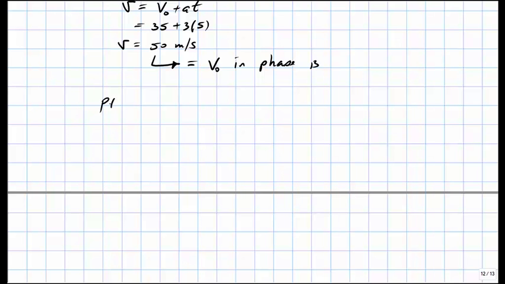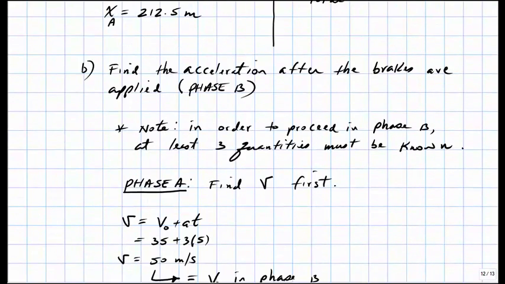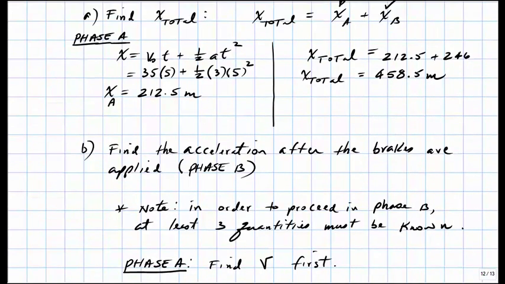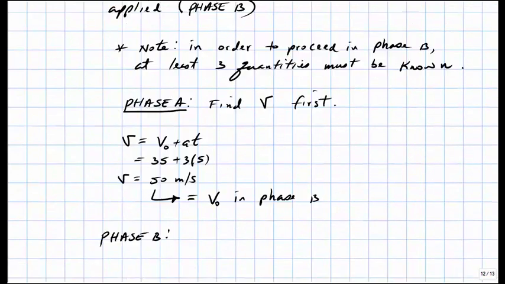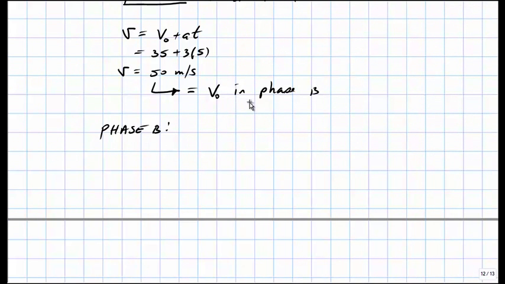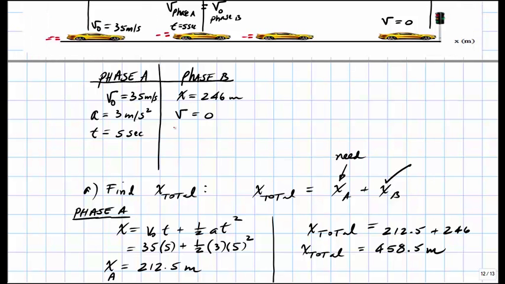So now let's analyze phase B. Now what are we looking for in phase B? We're looking for the acceleration, and we now have knowledge of the initial velocity in phase B, which is 50. What I'll do now is bring this value into our table, and I'll separate what we knew earlier from what we know now with this red line.